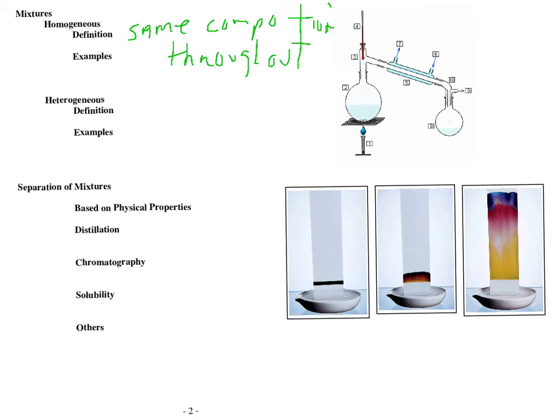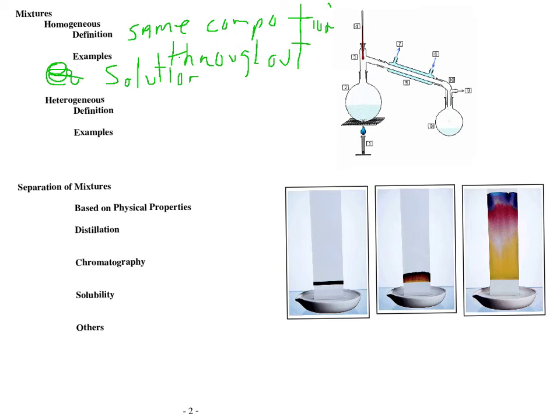Okay, and some examples of homogeneous mixtures are copper. You know, actually it's not a mixture, that's a pure substance. Homogeneous mixtures are like solutions, like milk, and those types of things.